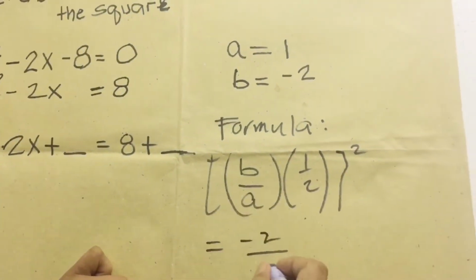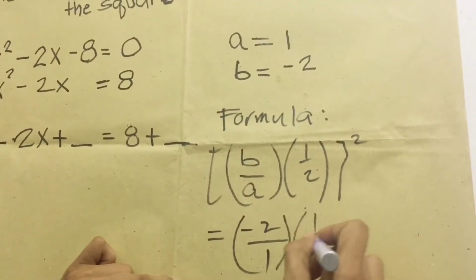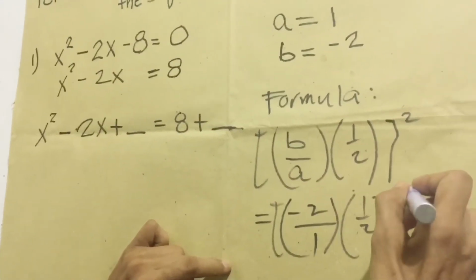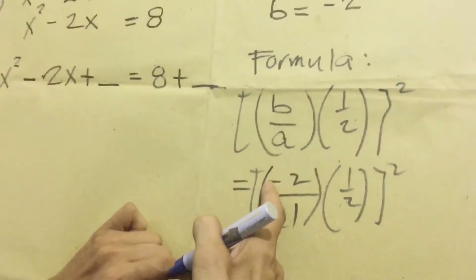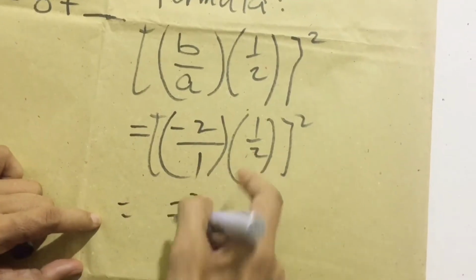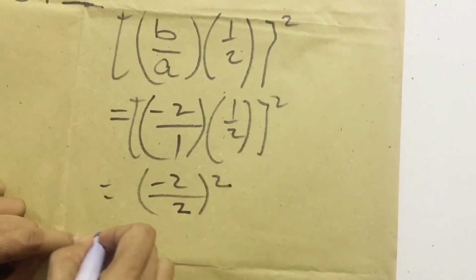then our a is 1, then times 1/2, then squared. Negative 2 over 1 times 1/2 gives negative 2 over 2, then squared.